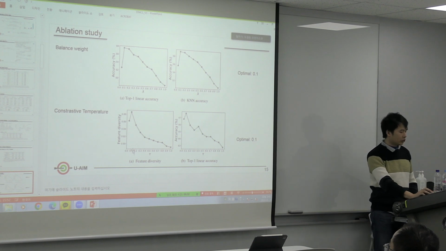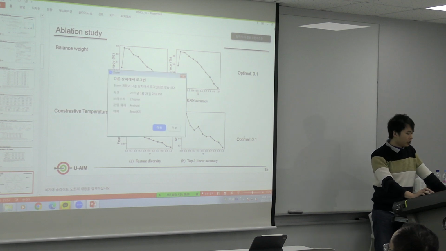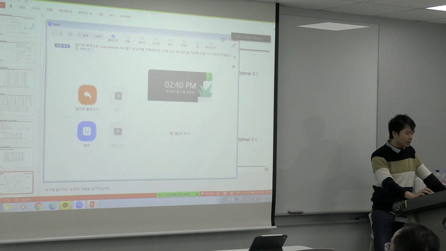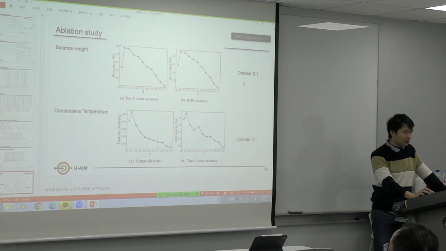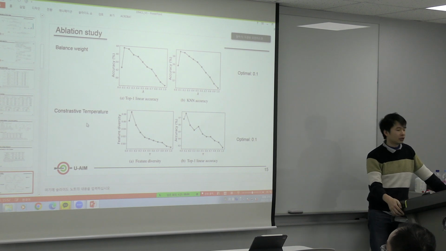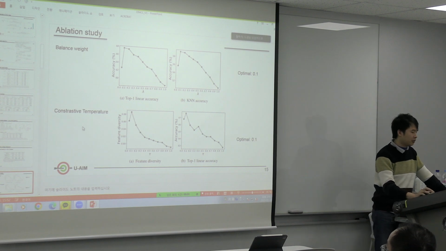It turned out that the contrastive temperature should also be equal to 0.1. If you use 0.1 for the weight and 0.1 for the temperature, we get very stable results. So our method is not very sensitive to the hyperparameters.